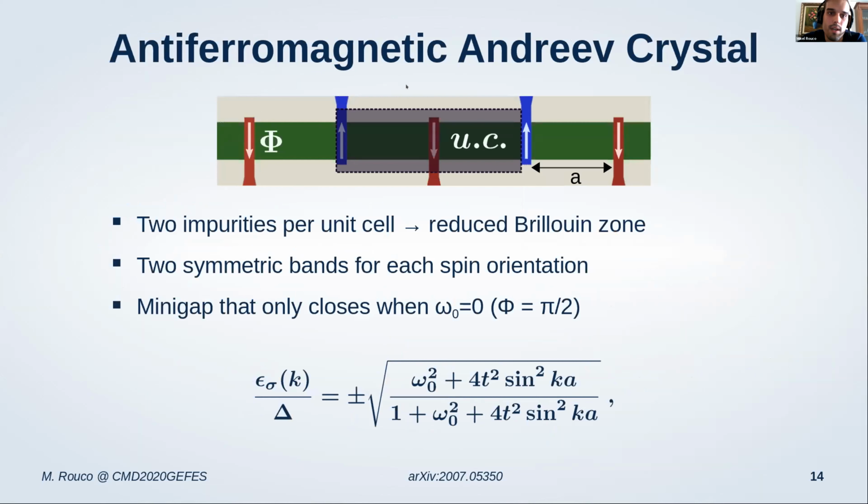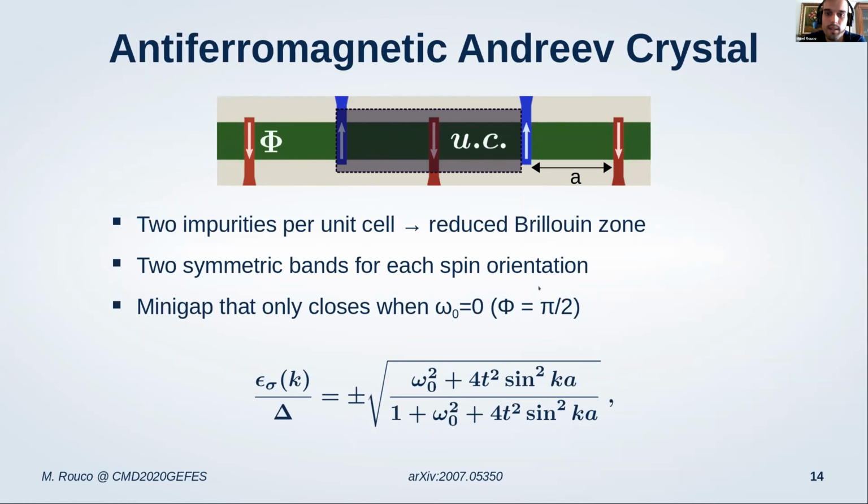On the other hand, we have the antiferromagnetic Andreev crystals, where we have two impurities per unit cell. And now, in the spectrum, you obtain two symmetric bands for each spin orientation. These bands now interact with each other, and therefore we have a gap around the Fermi energy that only closes for given values of the magnetic phase.